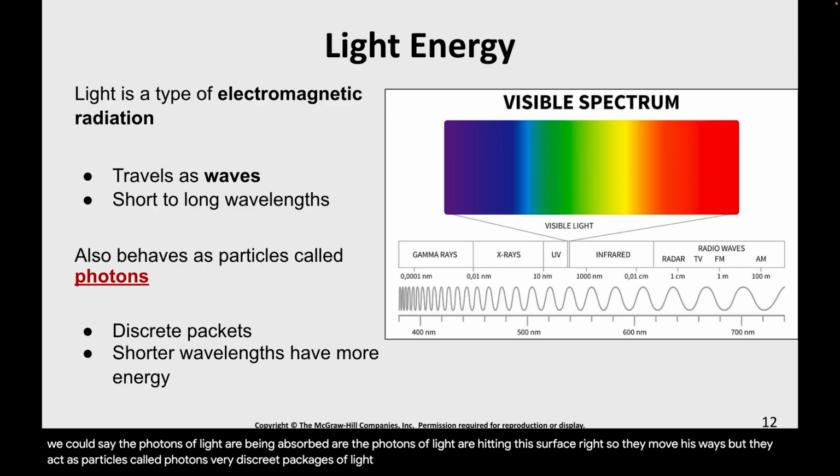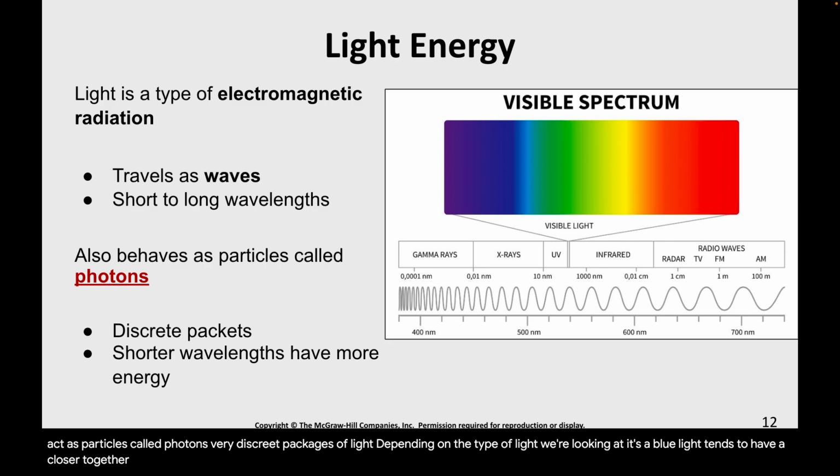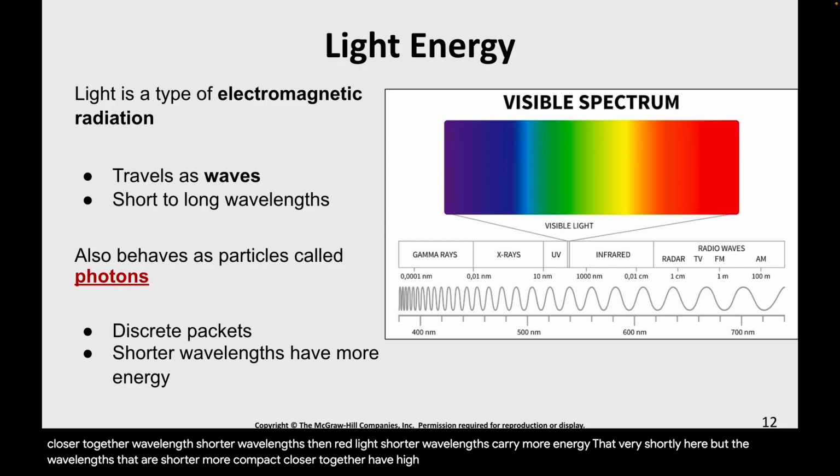Now, depending on the type of light, blue light tends to have shorter wavelengths, closer together, than red light. Shorter wavelengths carry more energy, and we will see the significance of that very shortly. The wavelengths that are shorter, more compact, closer together, have higher amounts of energy.